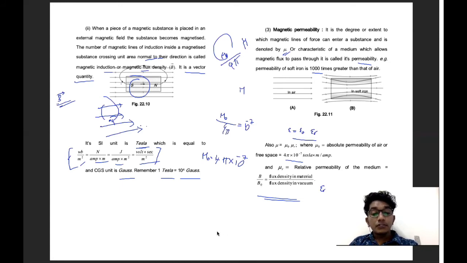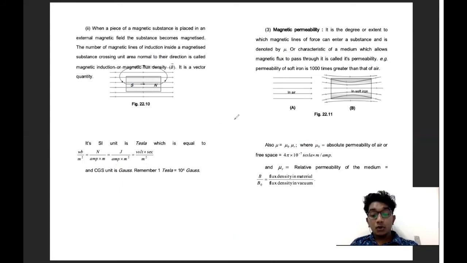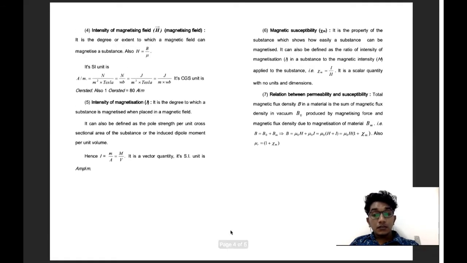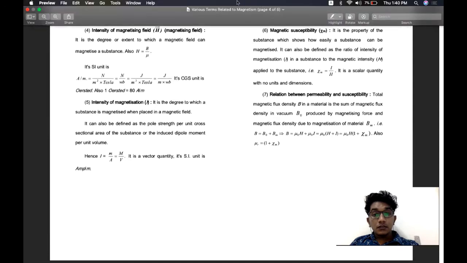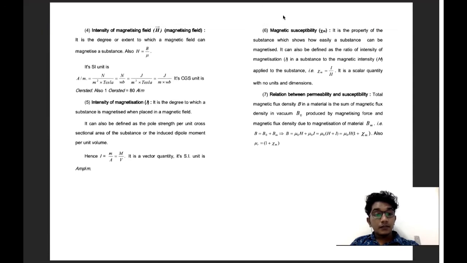Okay, so next we're going to move on. All right, so next is intensity of magnetizing field H, or magnetizing field.